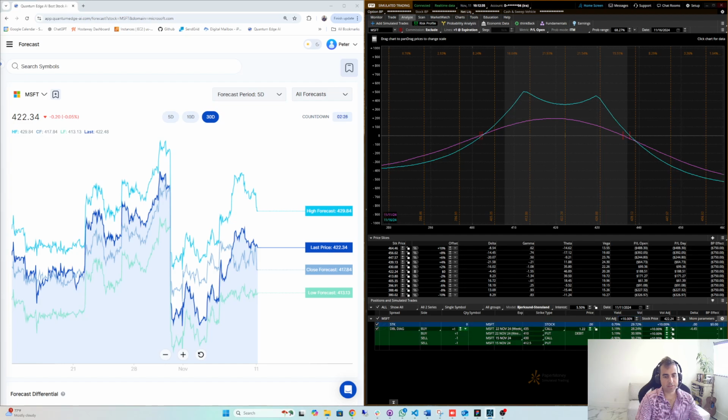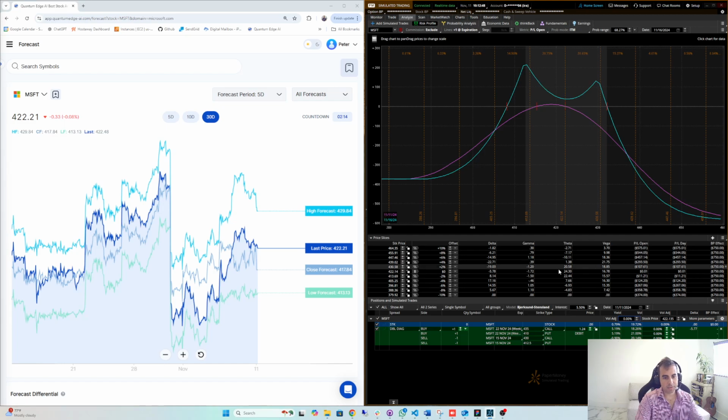So that's why I say always place an exit strategy for this. And what is your outlook for this trade? Your outlook should be netting this theta and having a slight delta movement. So say, for example, price does decrease to 417.84.